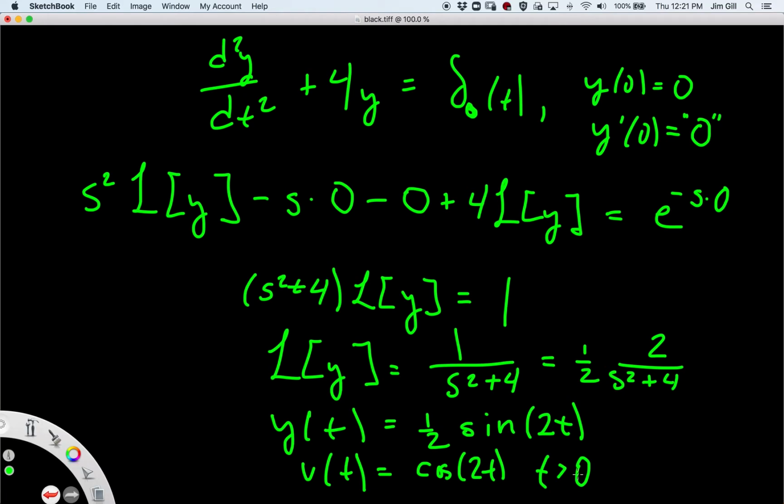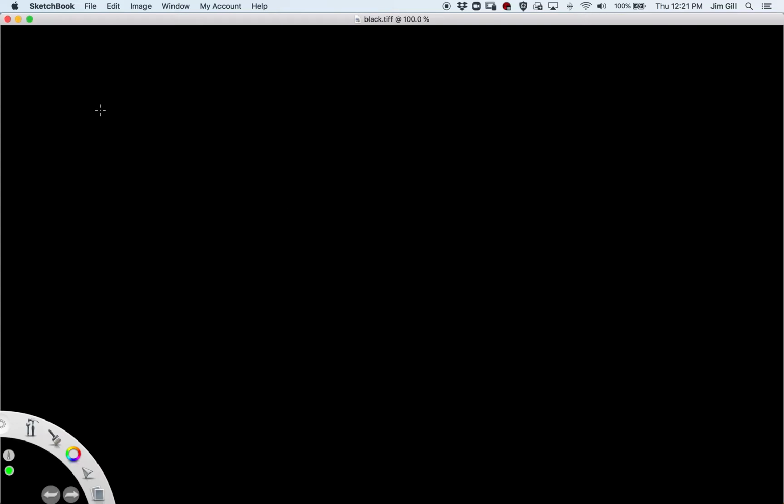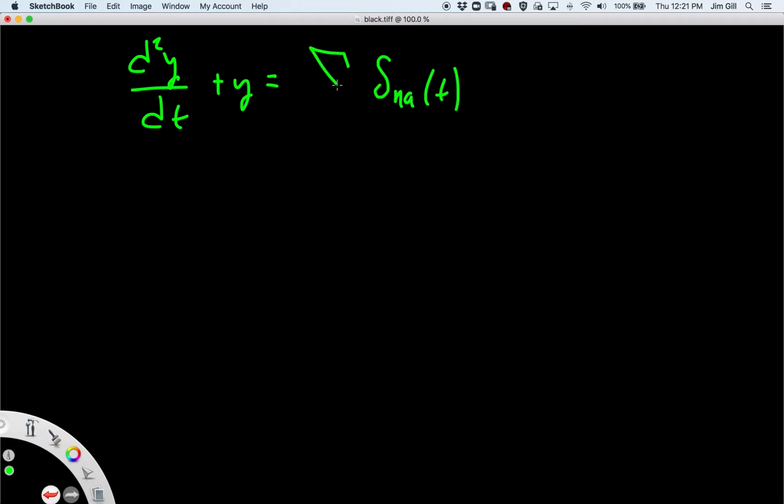Okay. So let's do another one, but instead of just hitting it once, let's hit it lots of times. So let's try this again. Let's start with the same oscillator, d squared y over dt squared plus y is not just going to be delta 0, but we're going to have delta of t minus n times a, and we're going to do this many times.